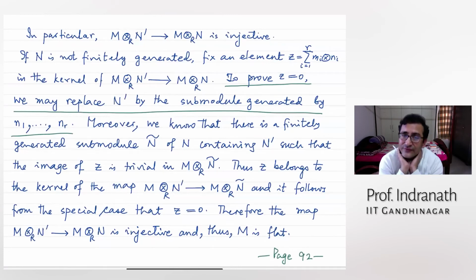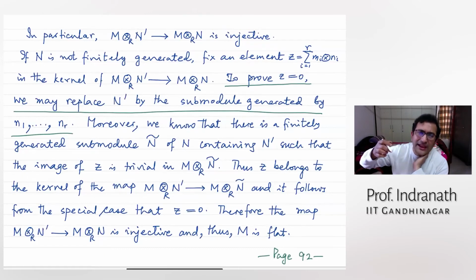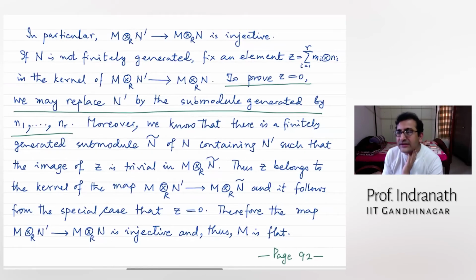Can we say safely that if I take, let me call it n dash tilde, a submodule generated by these finitely many n1, n2, nr, and that is sitting inside n dash, fair enough. But I do not know that after tensoring whether it is contained, right? Or do I know?